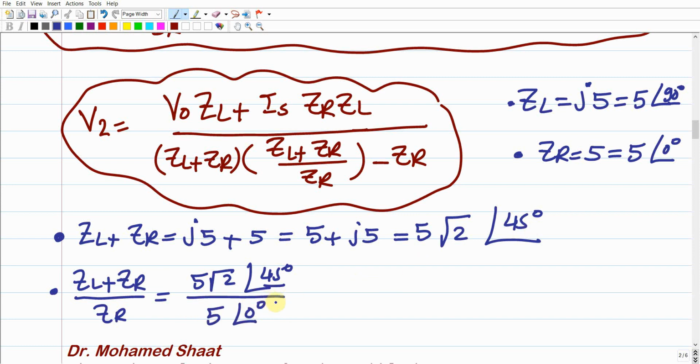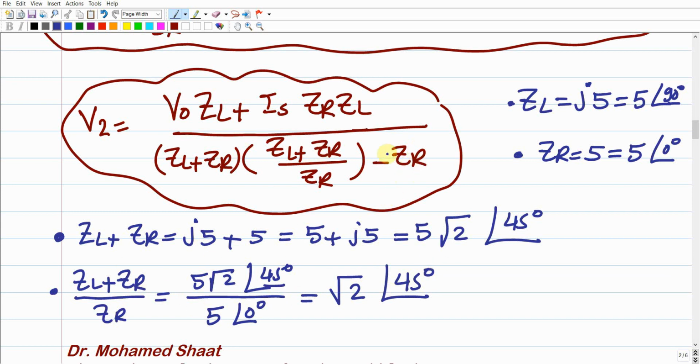We said that division and multiplication are better done in the polar form. So we can simply do the division: 5 divided by 5 cancels, so we end up with just square root of 2, and the angle is going to be 45 degrees. This is going to give us this term, right?